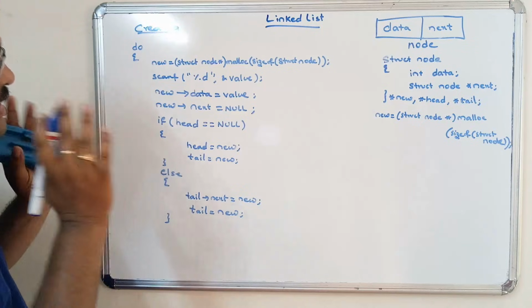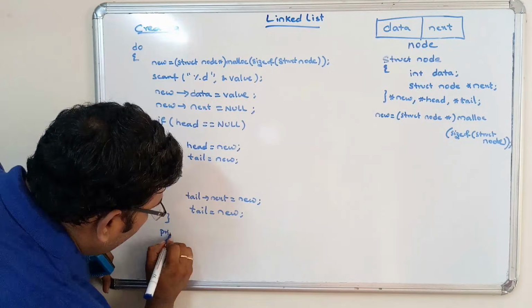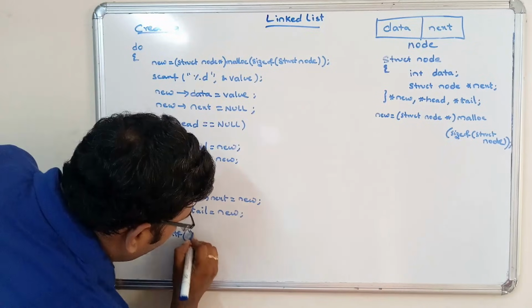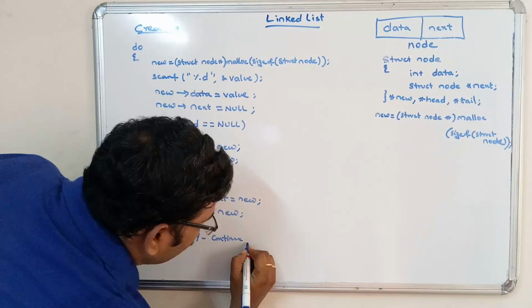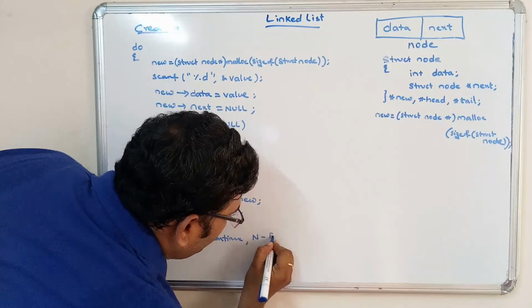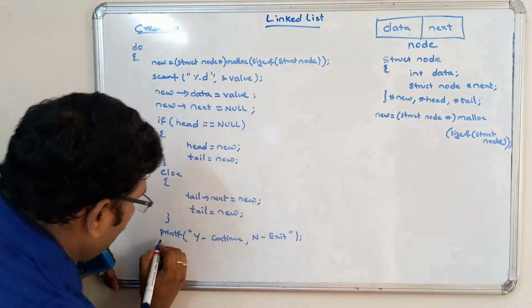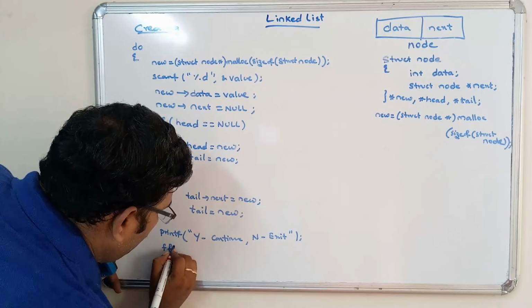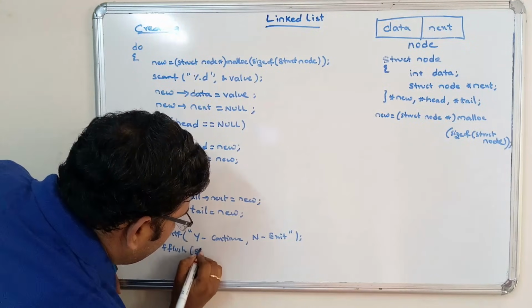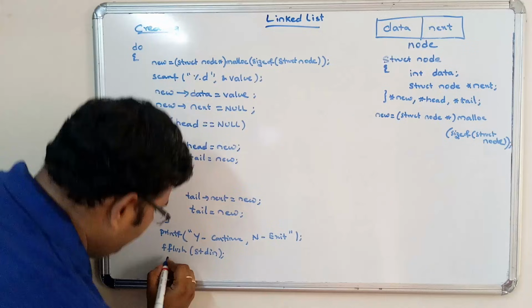So this ends the code. Now just write printf y to continue and n to exit. Flush stdin, because we have to read the character.